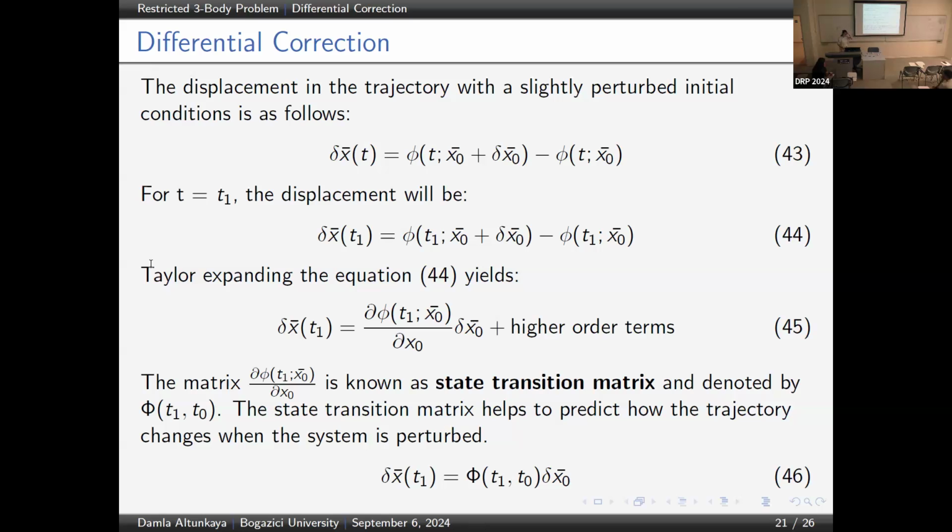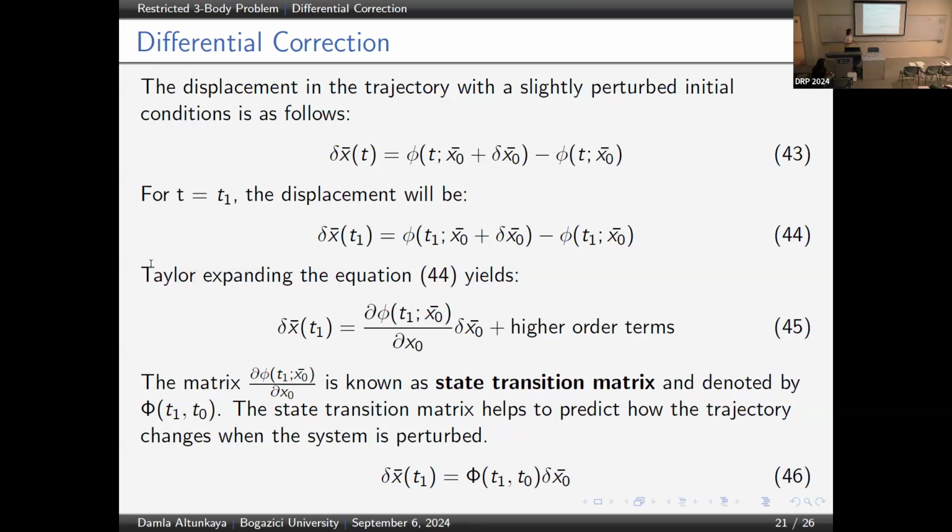I will say that T is equal to T1. I write this as follows. Then I will Taylor expand this equation, and this part will be my state transition matrix, which helps me to evaluate and apply the differential correction.